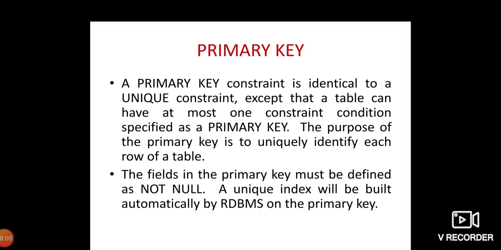The table will be referring only to that primary key, which is the most important thing in the table. The fields in the primary key must be defined as not null. You cannot skip the primary key, and each and every value you give in the primary key should be unique, with no duplicate values. So you should give it as not null, and it should be unique.